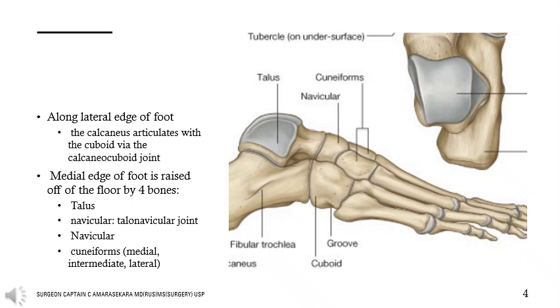This elevated structure forms the medial longitudinal arch, critical for shock absorption and dynamic movements. The talonavicular joint plays a central role in this medial arch, allowing flexibility and distribution of forces during gait.